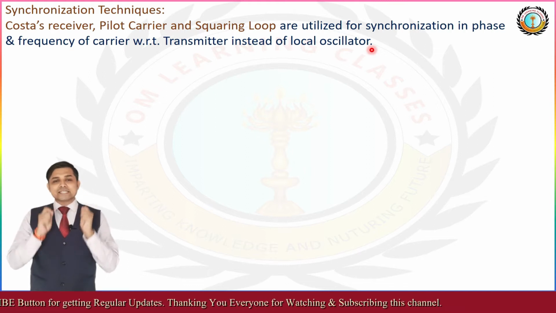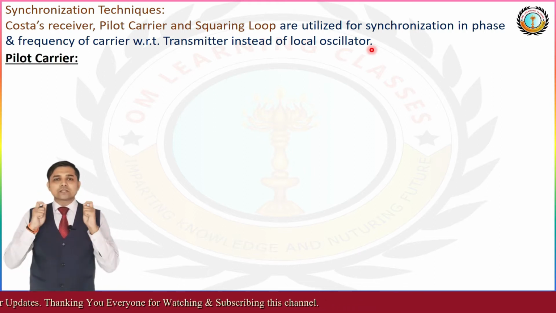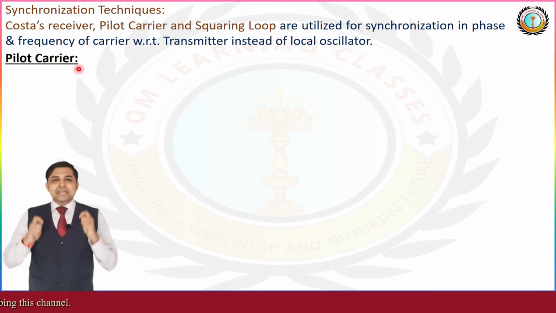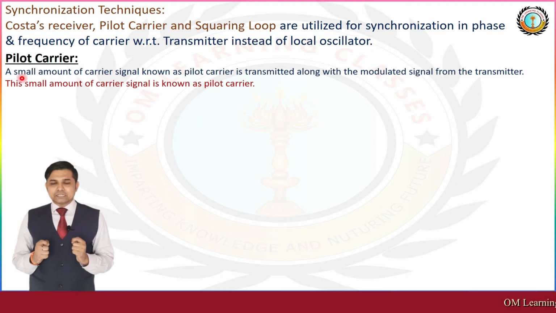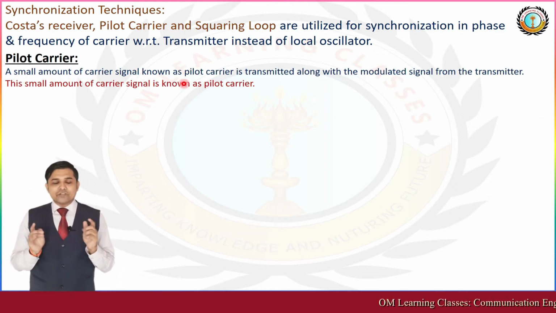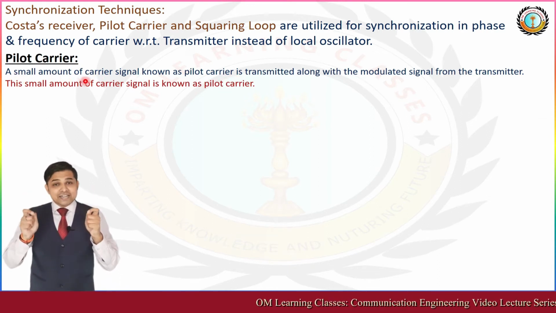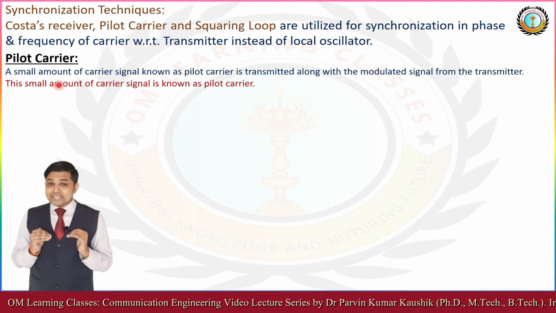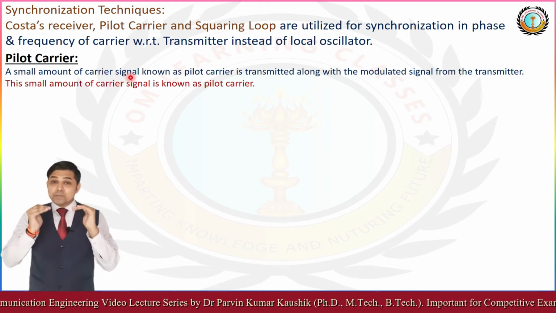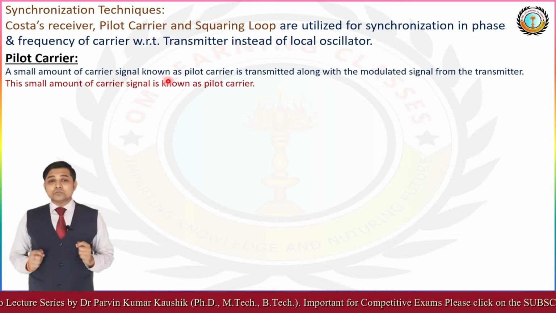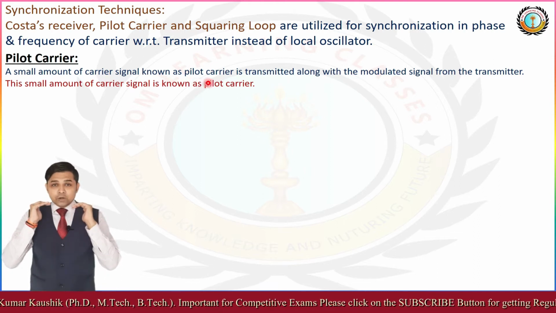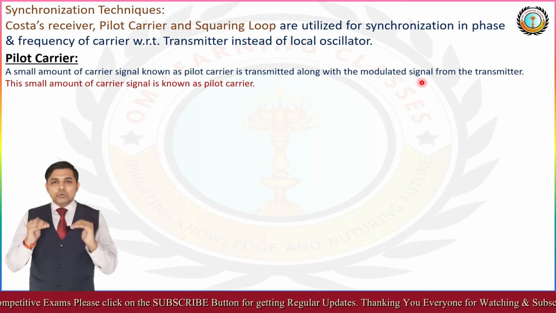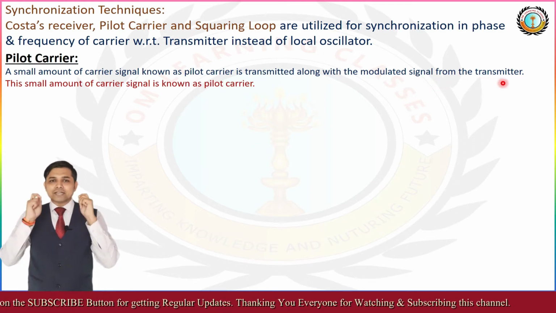Now we start our discussion from the pilot carrier synchronization technique. In the pilot carrier synchronization technique, a small amount of carrier signal, known as pilot carrier, is transmitted. Very important: if the large carrier is transmitted, then we mention large carrier, and if a small amount of carrier signal is transmitted, then we have pilot carrier. This small amount of carrier signal is transmitted along with the modulated signal from the transmitter.